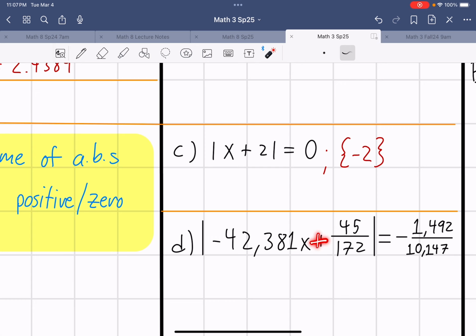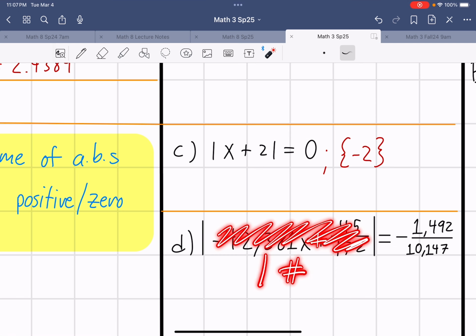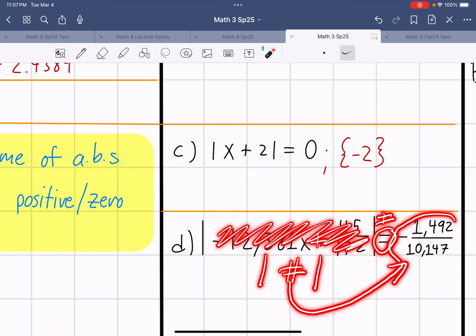And then it's going to be added. And it's going to all simplify to a single number that you apply the absolute value to. And that number has to be the same, right? Because the same is meaning equal to this number.